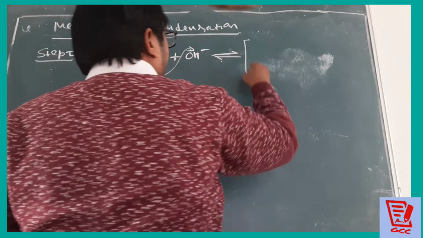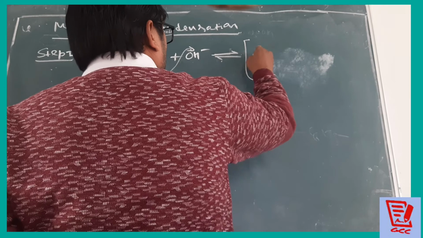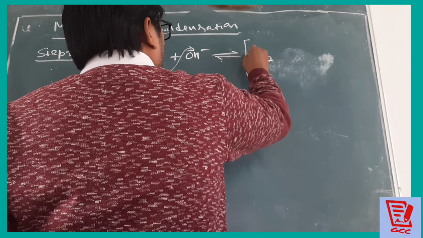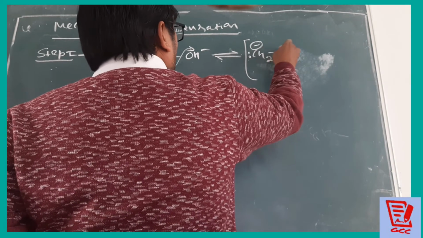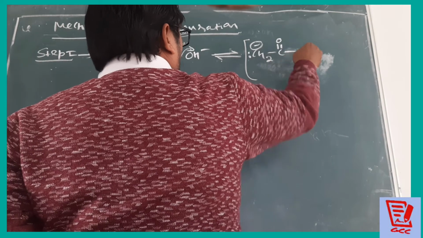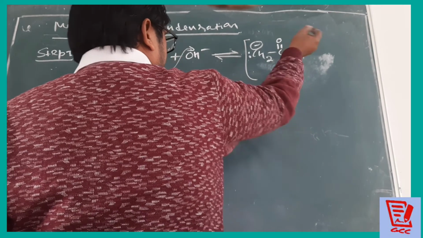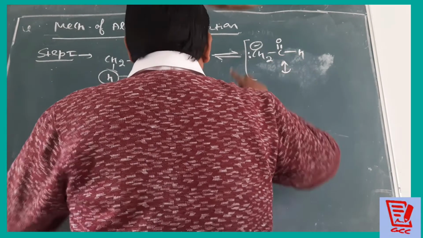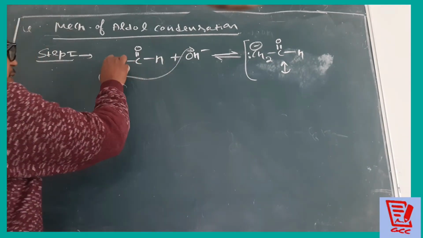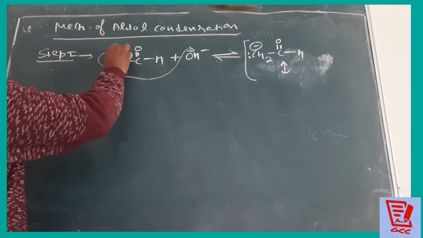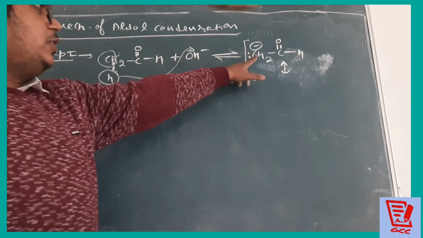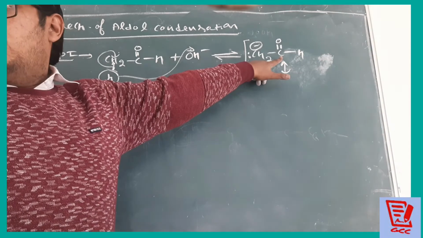Now you see what product is formed over there. It will become CH2 negative COH, which is resonance stabilized. This is a pair of electrons. This pair of electrons will come over here, so that is why CH2 negative COH.